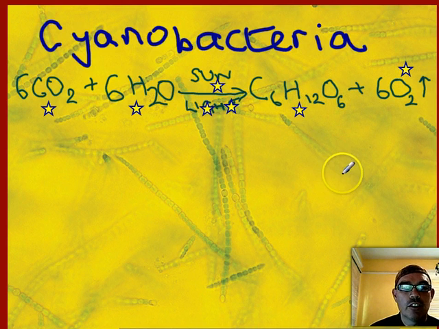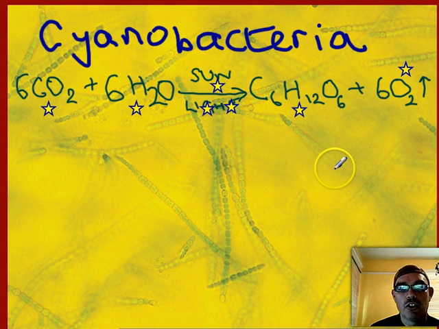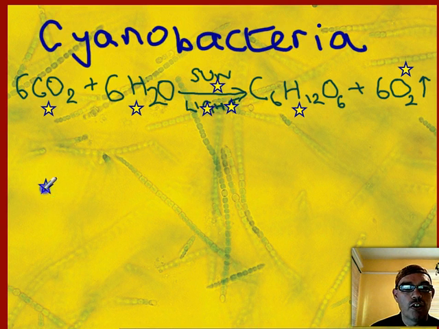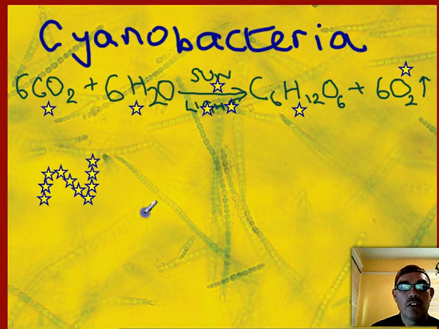Now, don't get the impression that photosynthesis is just about making sugars. All the biomolecules of life are being made, including proteins, nucleic acids, and fats, also known as lipids. And in order for that to happen, photosynthesis also needs an input of nitrogen, also phosphorus, usually in the form of phosphate.